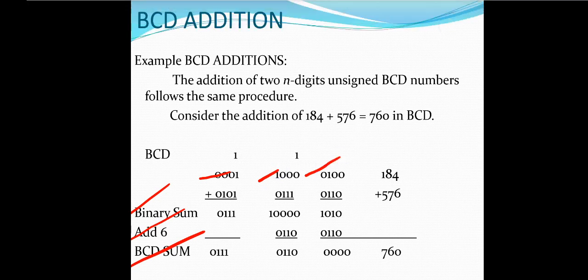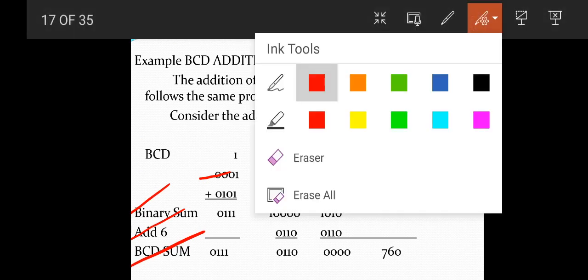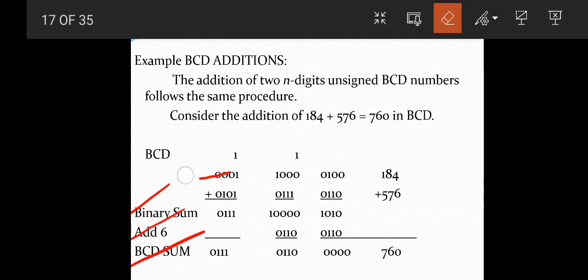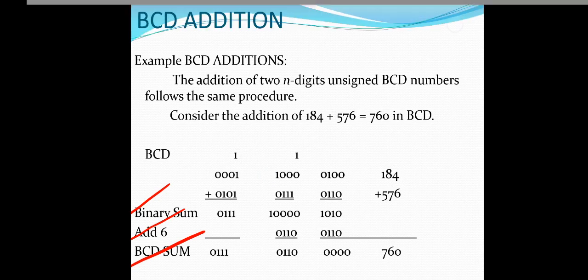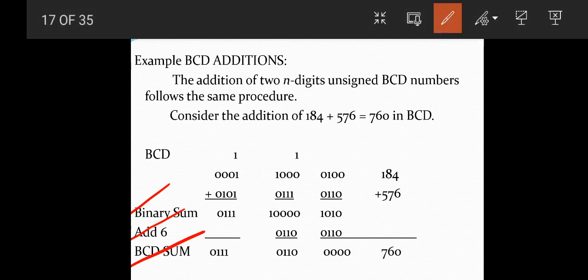The next part is 576. So this will serve as your 5, 7, and then 6. Then after that, you have to add all the assigned BCD numbers.